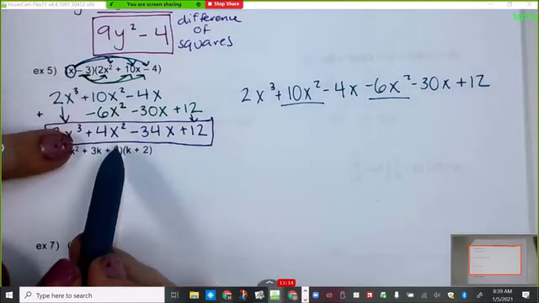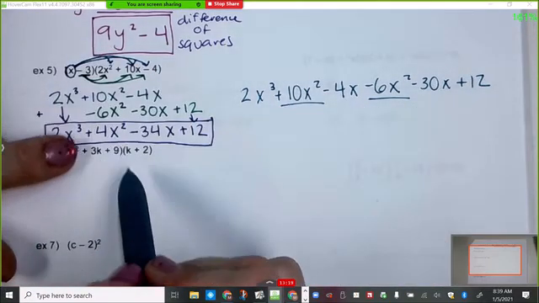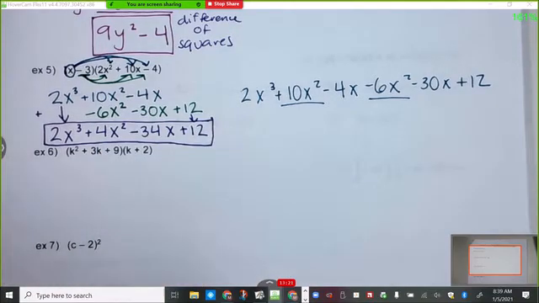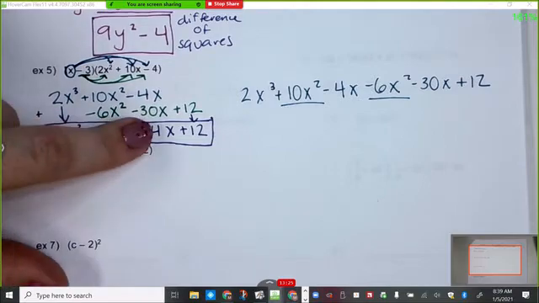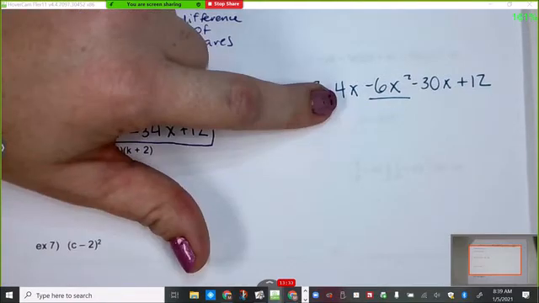Isn't that what we did? And then I would have combined the negative 4x and the negative 30x, which is what we did, and the two terms that had no like term, we would have brought them down. So for me, it just keeps your like terms lined up, so it's quicker and less looking around and getting lost, okay? Do you have to do it this way? No. If you prefer this way, that's totally fine, okay?